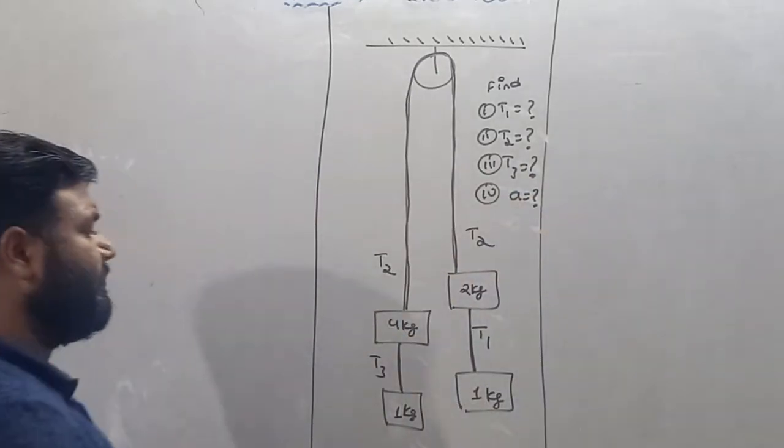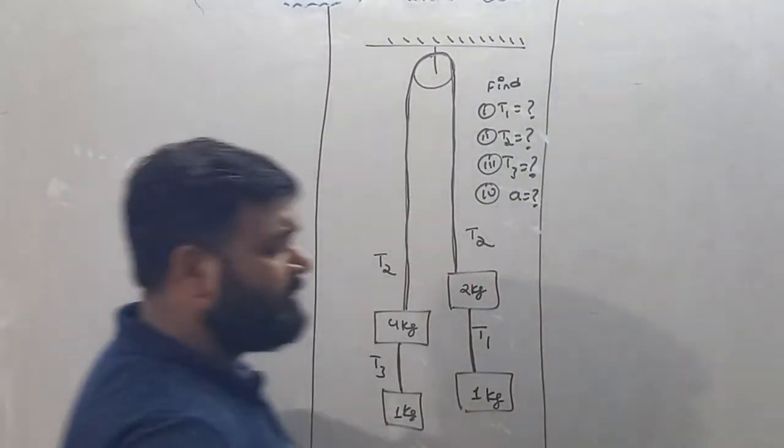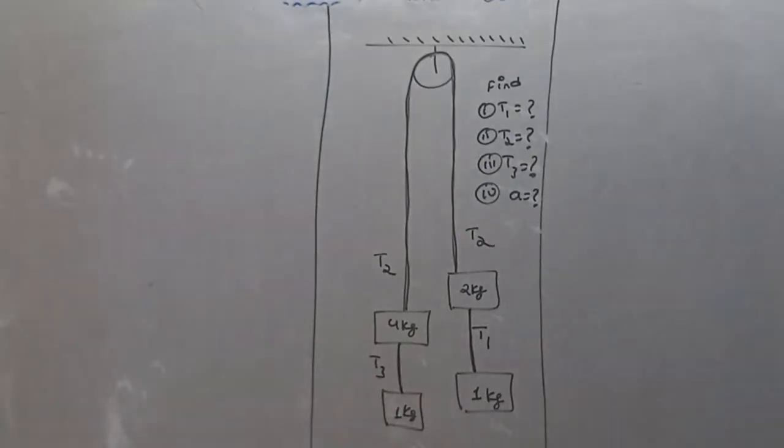As I already told you, don't worry at all if multiple blocks are there. Apply the formula of acceleration, but yes, we cannot find the value of tension through a formula, but we can find the value of acceleration with the formula.